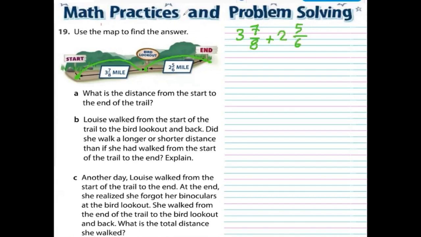Okay, how can I add these 2 numbers, guys? I can make a common denominator. 6 and 8. Can I make the 6 becomes 8? No. So what should I do? Multiply them? Multiply them. 6 times 8 and 8 times 6. It can be.